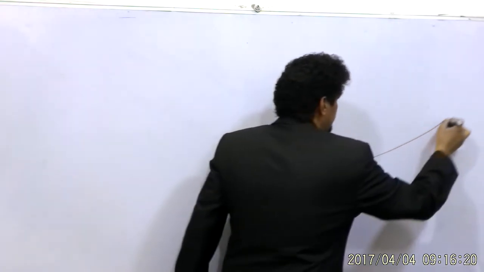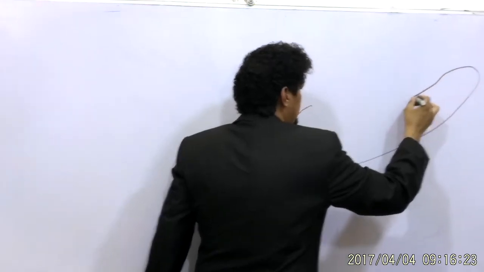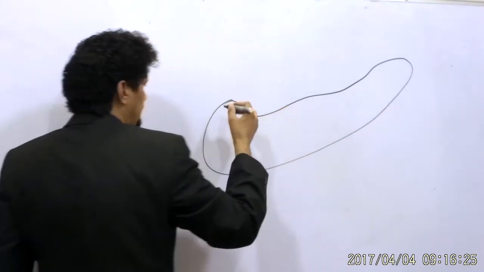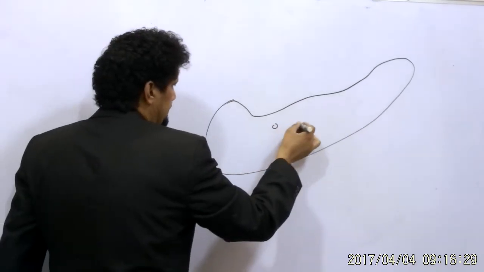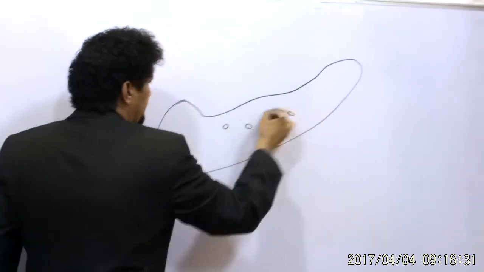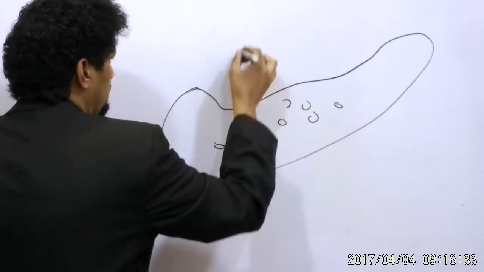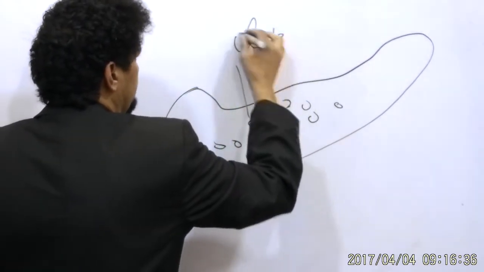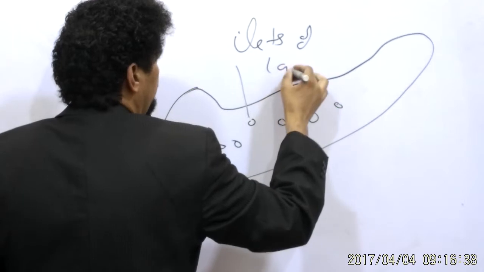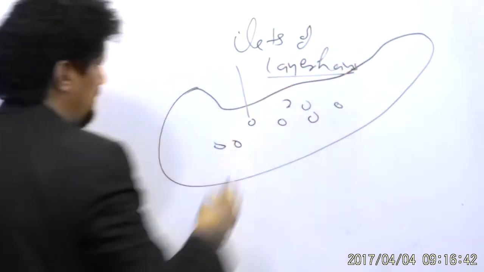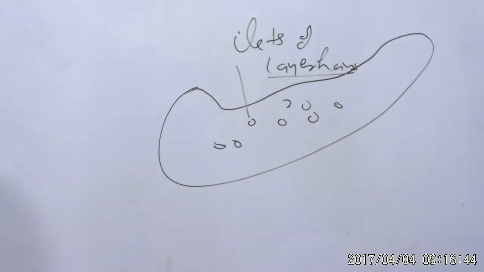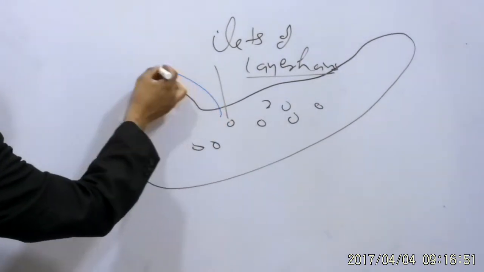Again, this is the pancreas, the tail, body, neck and the head of the pancreas, and it is having 1 million islets of the Langerhans. The single islet of the Langerhans is having 4 types of cells.